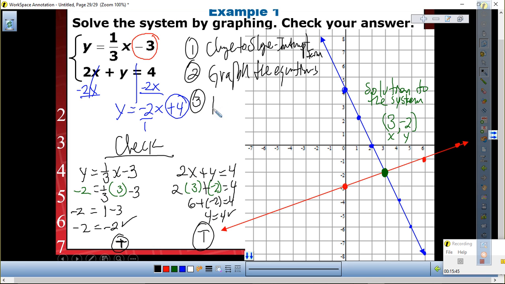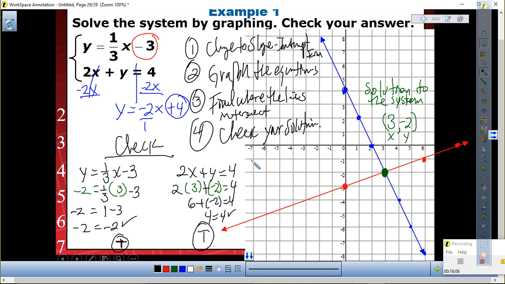Beto. Find where the lines intersect. And step 4, everyone, substitute values, check your solution. 10Q. Does that make sense?